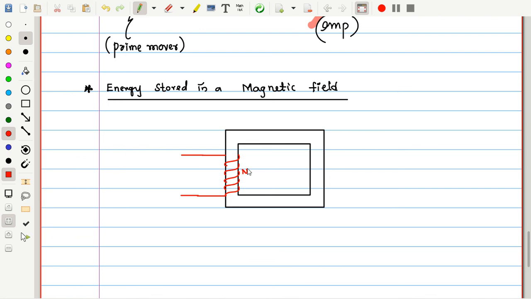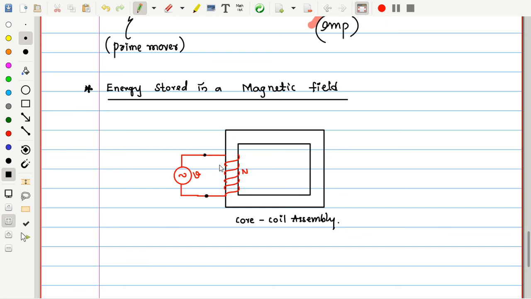Let us consider it has n turns, and let us say this is excited with a voltage of V. This is the core coil assembly. So what are we doing? Let us consider an n turn coil, which is connected to a source with a voltage of V.